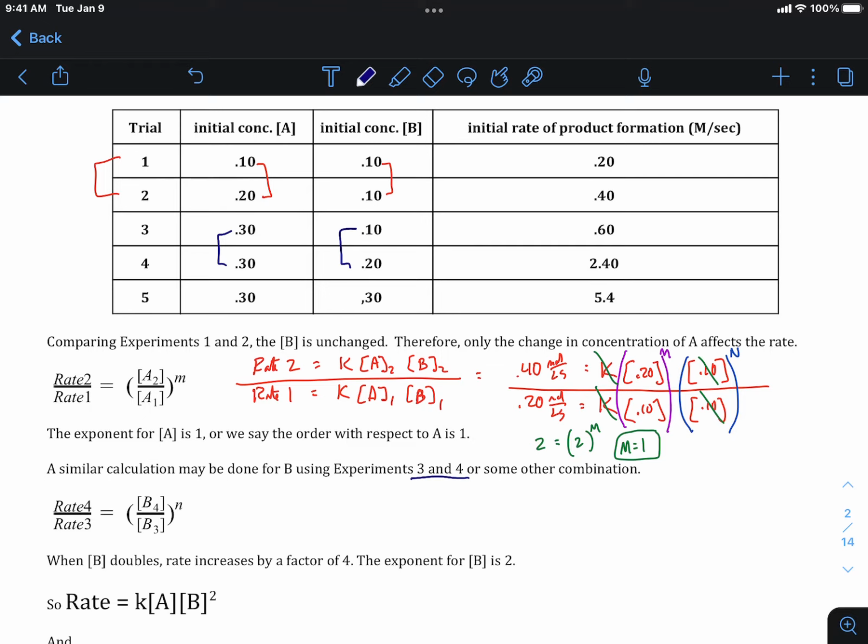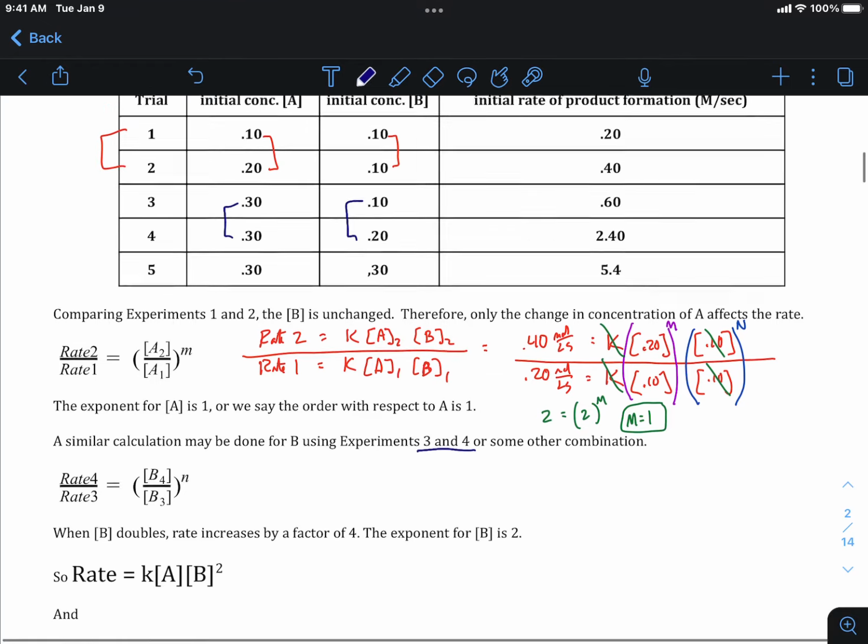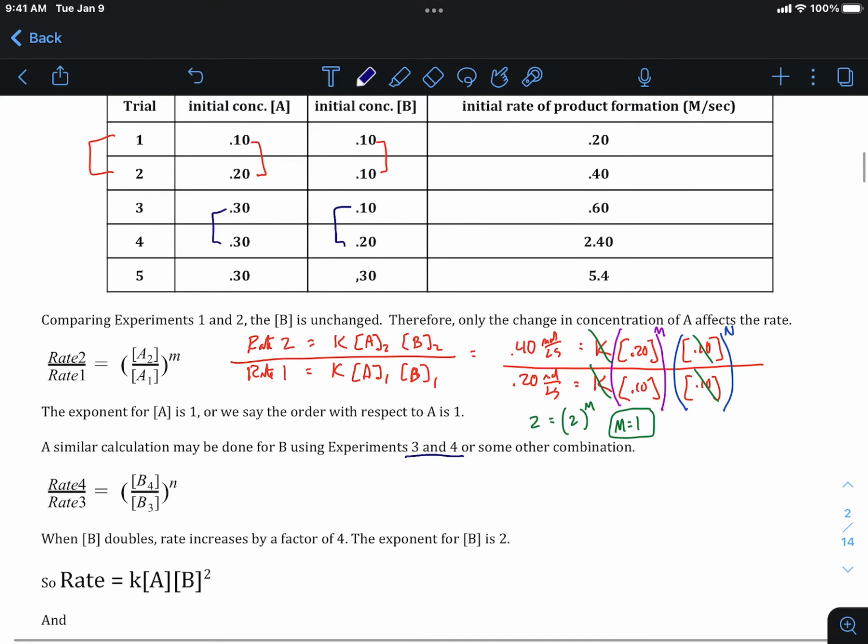Right? So you see how A is constant, but B is what's changing? That's going to allow us to solve for the order on B, which is N. So I'm going to take rate 4 is equal to K times the concentration of A. And we know what A is, so A's to the 1.